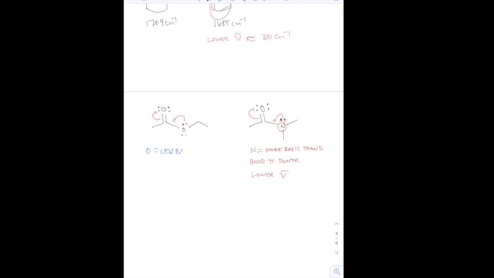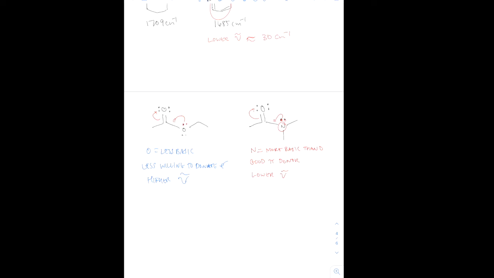So oxygen is less basic, less willing to donate electrons, and so this is going to have higher wave numbers.